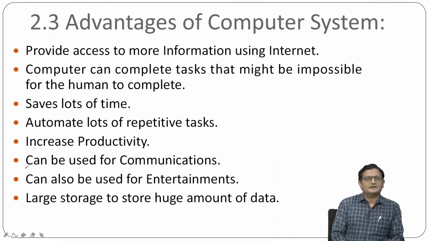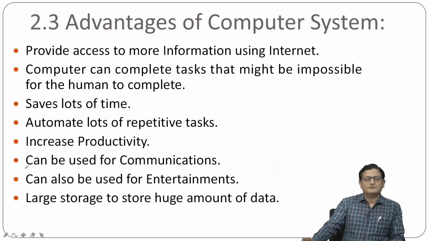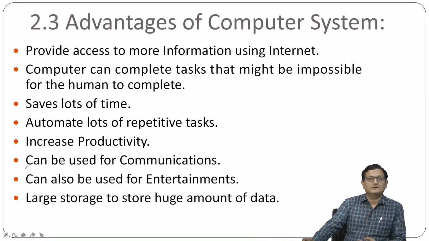First, we will start a discussion about the advantages of the computer, right. Why are we using a computer? Suppose you have a computer, you can connect it with the internet. And as we have discussed, a mobile is nothing but a small version of a computer, right.